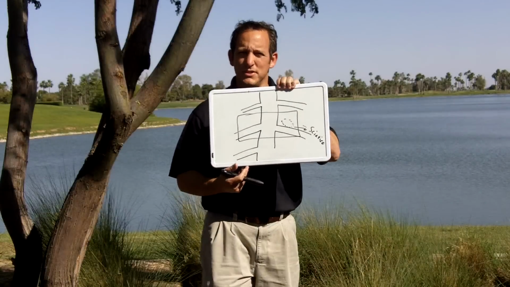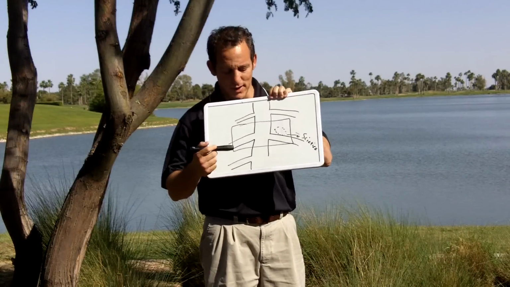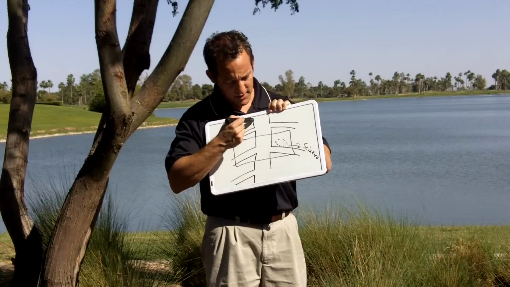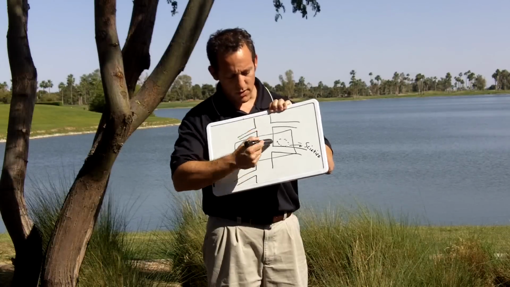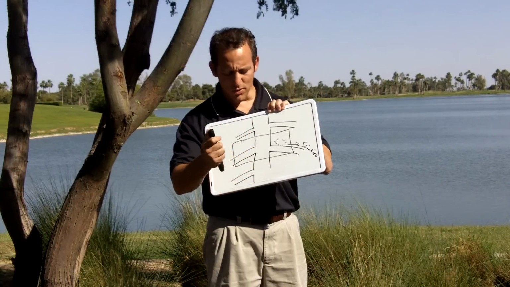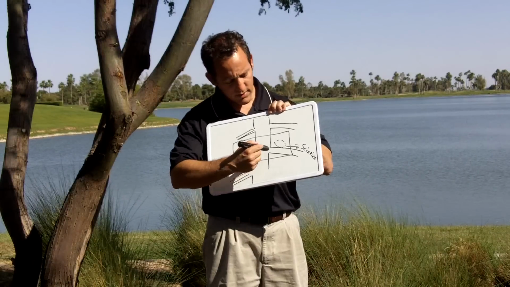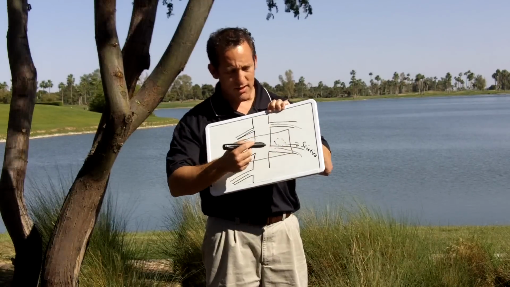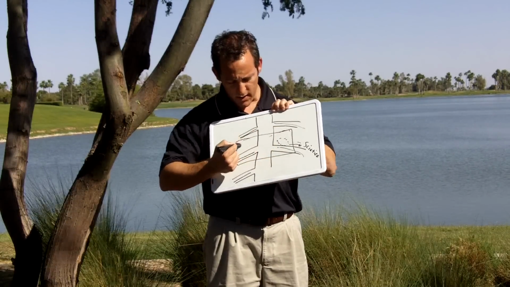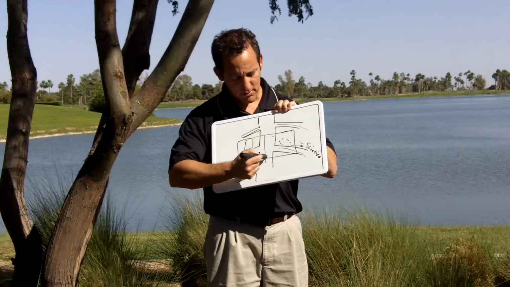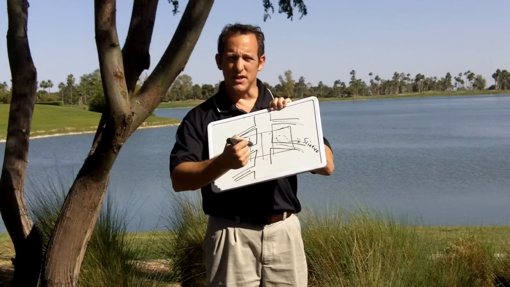Here is a crude representation, and I mean that literally, I'm not a very good artist, but this is the spinal cord coming down. And I've shown these nerve roots coming off on either side, okay? And this big square here, let me just show you what I'm talking about, is the disc.